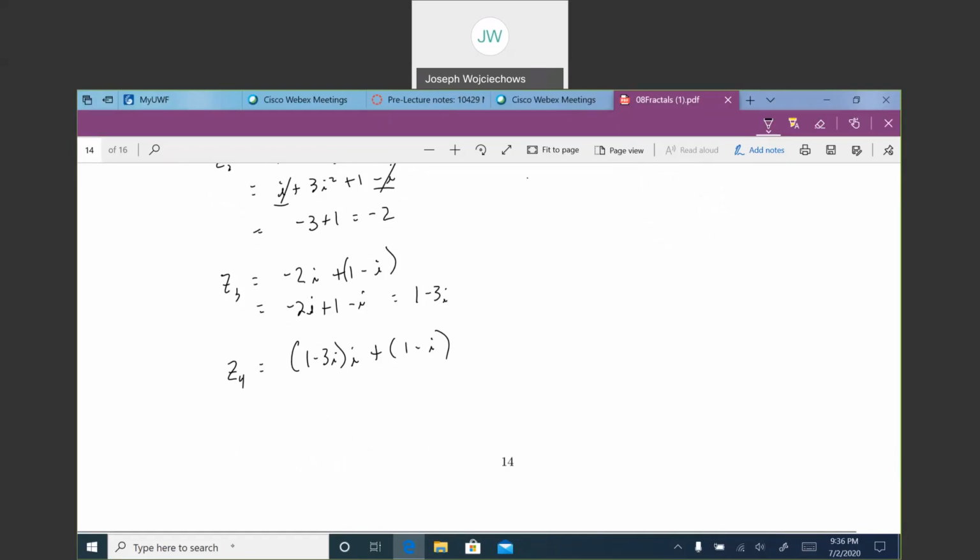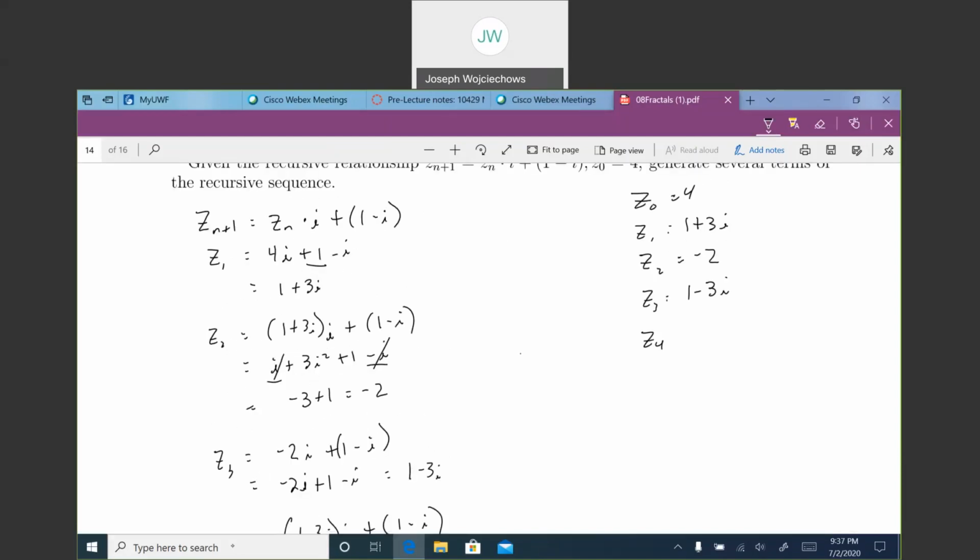And we get 1 times i, which is i, negative 3i times i, which is minus 3i squared, simply plus 1 minus i. So this is a negative i, this is a positive i, they cancel each other out. This becomes negative 3 times negative 1 plus 1, which is 3 plus 1, which is 4.